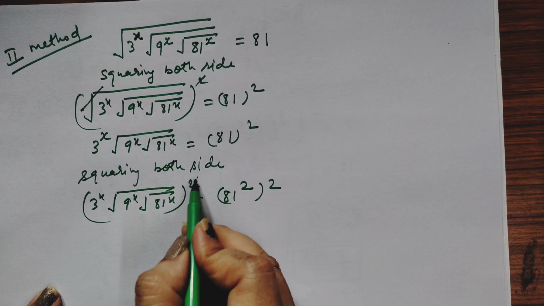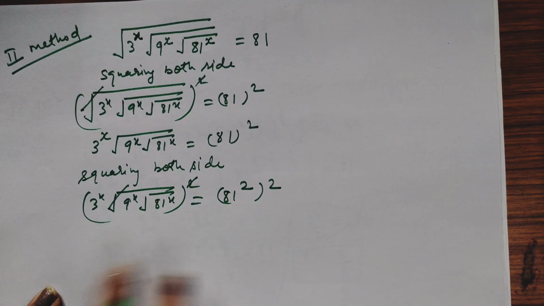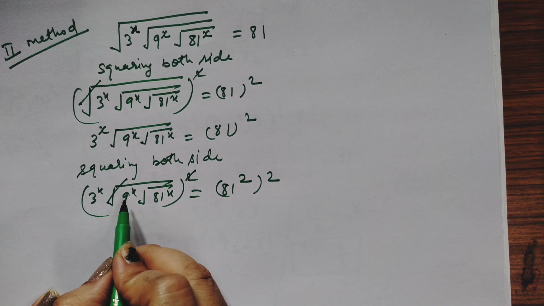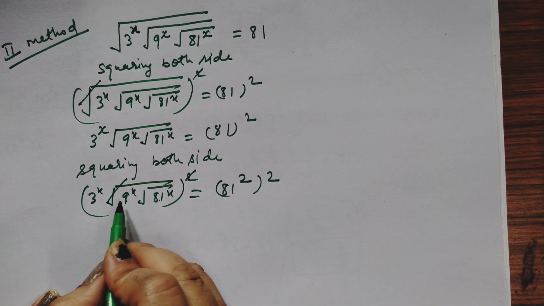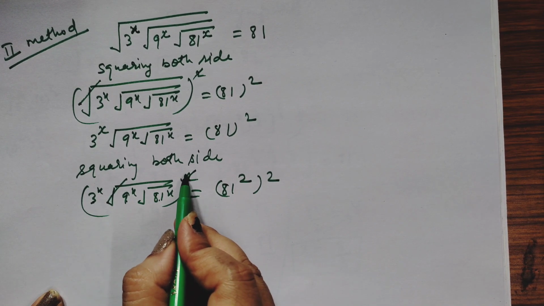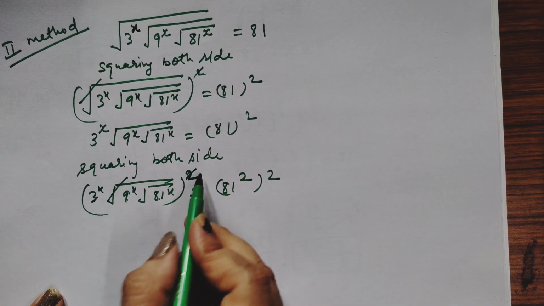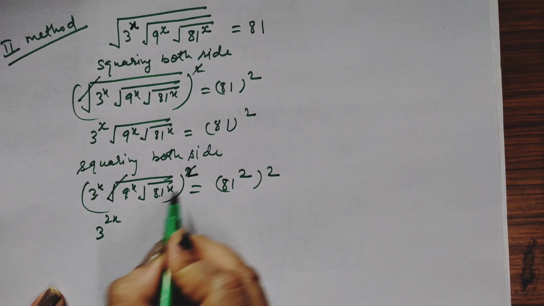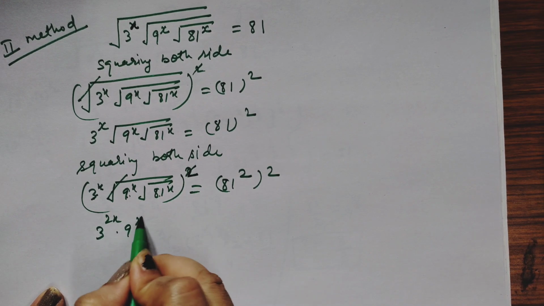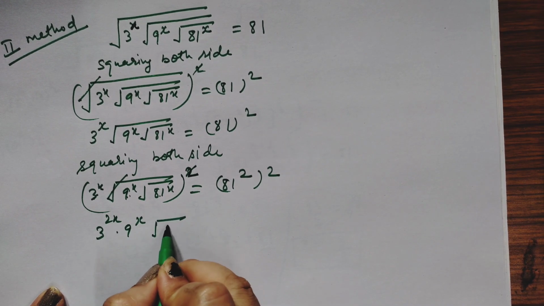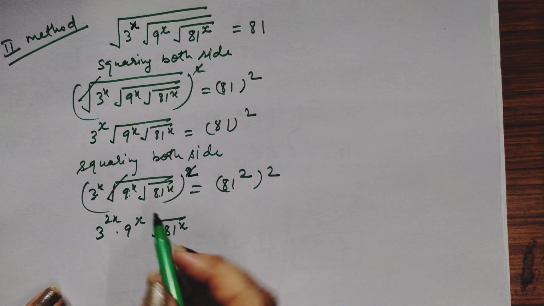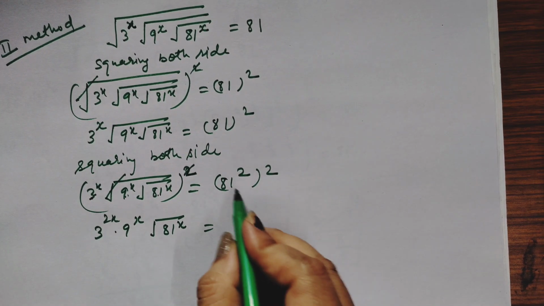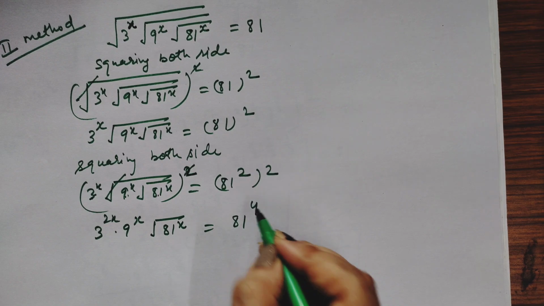So this square cancels out this root, and also remember this square applies to 3x and 9x and 81x. For 9x this root is cancelled, but the square remains; if you see the power to power rule, it is 3 power 2x and it is 9x, and you can see 81x is as it is. Now here 81 power 2 squared is 81 power 4.